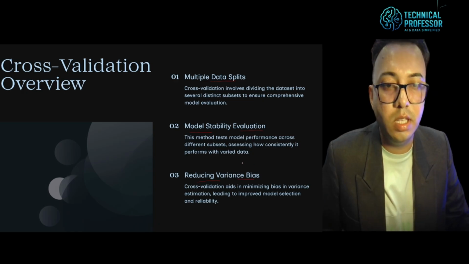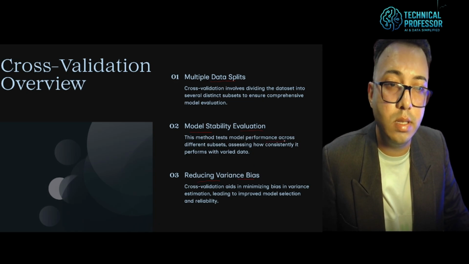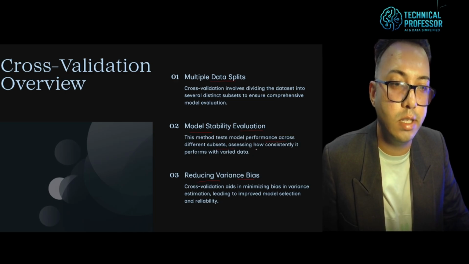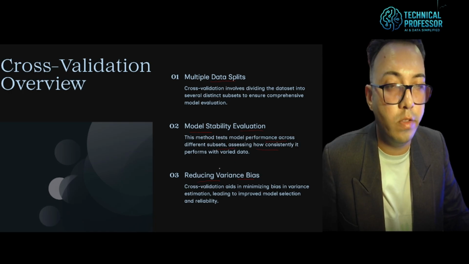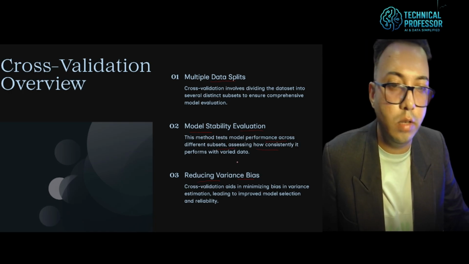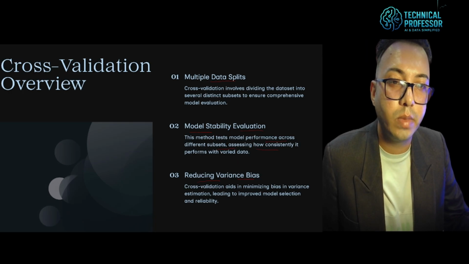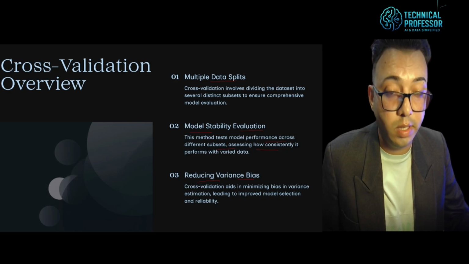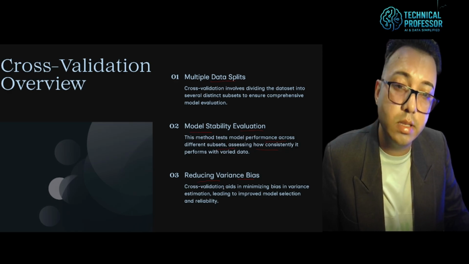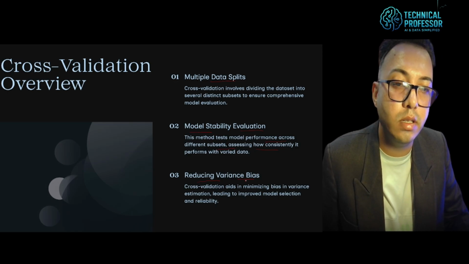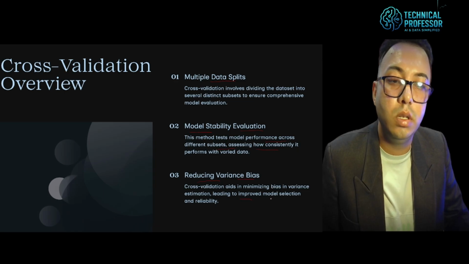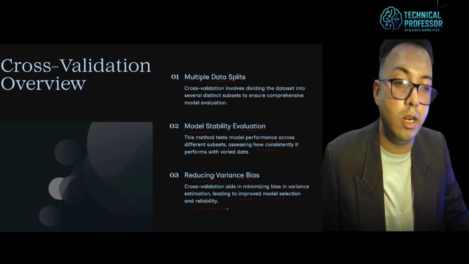And in model stability, this method tests model performance across different subsets, assessing how consistently it performs with varied data, like when you're performing on unseen data, that helps to create model stability. And reducing variance also, cross validation aids in minimizing bias in variance estimation, leading to improved model selection and reliability.